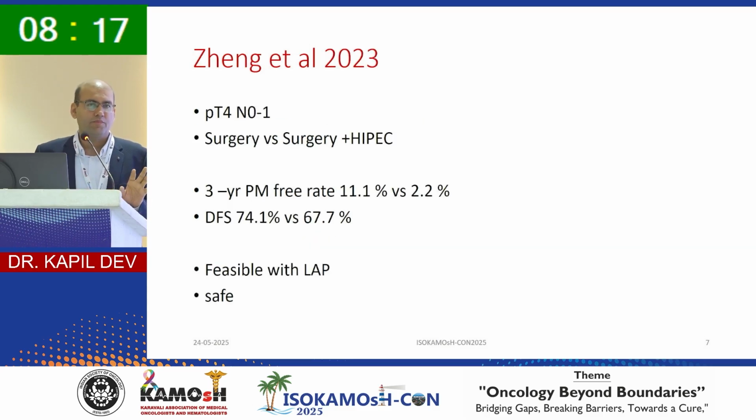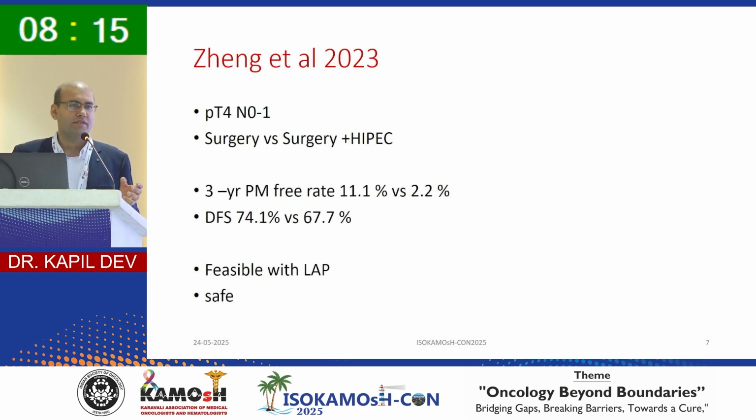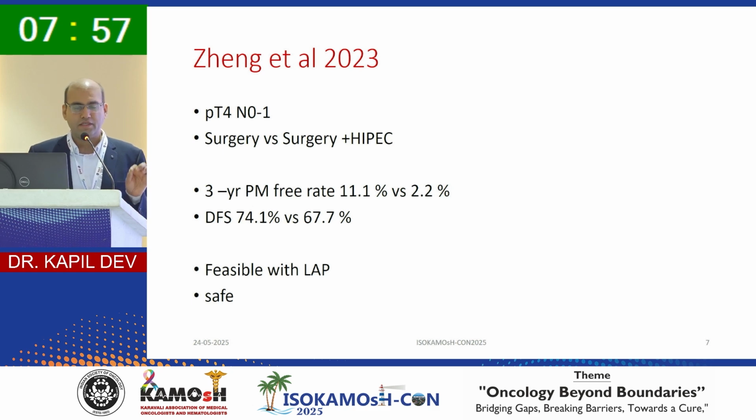This study was reported as a retrospective analysis, with patients matched by propensity scoring. That means they identified the patients best suited for HIPEC surgery, and included only T4 and N0, N1 patients. They compared two groups, surgery alone versus surgery with HIPEC. They found 3-year peritoneal metastasis-free rates of 11.1% versus 2.2%.